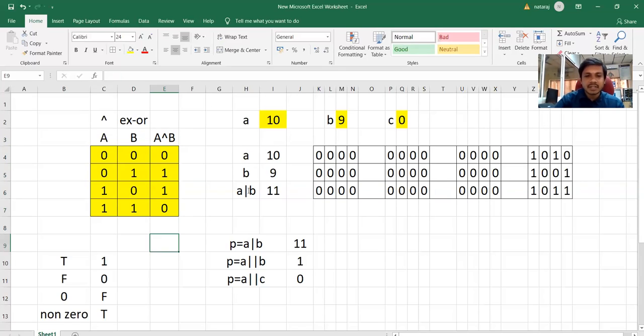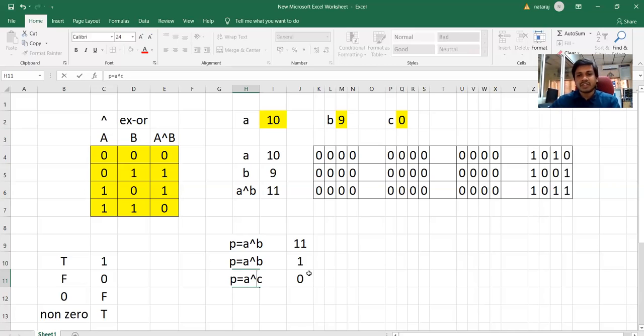Let us see the truth table and solve this example. A cap B. We should apply the formula.